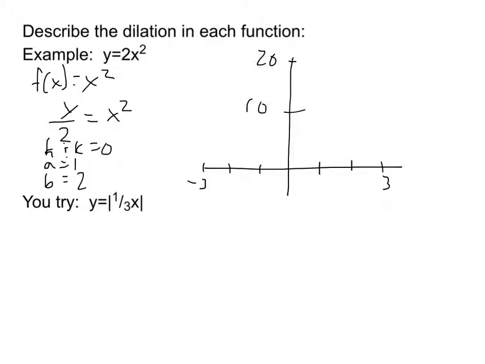Make that 10, 15, and 5. Sorry, that 5 should probably be right there. Normally the parent function's at 0, 0, then at 1 it's at 1, at 2 it's at 4, at 3 it's at 9.